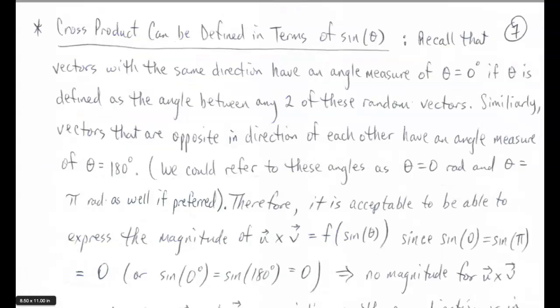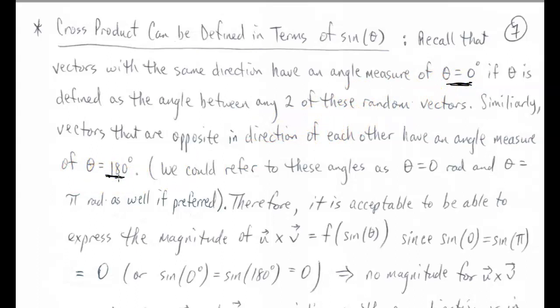All right, so another thing that we need to think about is we've already seen how the cross product is defined in terms of a sine function. And so now we need to talk about, well, why is that? Okay. Well, if we recall, vectors that have the same direction are going to have an angle measure in between them of either 0 degrees or 180 degrees.